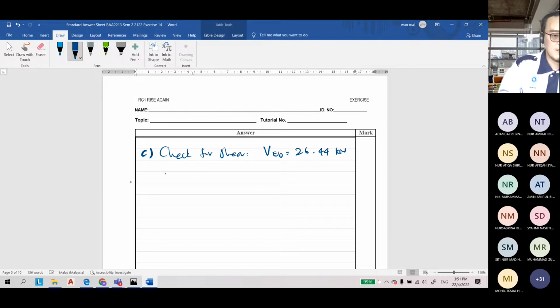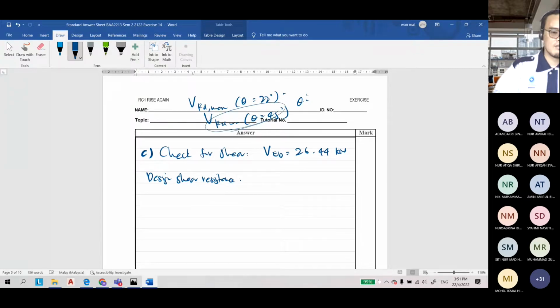And then the design shear resistance, which means the capacity of concrete to resist the shear force. In a beam you directly go to the VRD maximum for theta equal to 25 degrees. If VED is larger than this, you check VRD maximum for theta of 45 degrees. If it's in between, you have to find the value of theta. If VED is still larger than this, you have to enlarge your size.